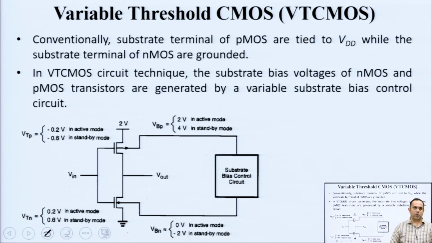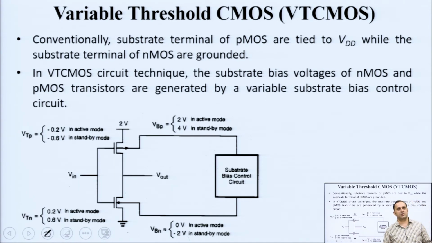Whenever your low threshold voltage devices undergo standby mode, when they are not supposed to be used, the substrate bias effectively increases the threshold voltage. So, even if there is noise in the circuit, even if there is some parasitic effect, those transistors which are in standby mode do not turn on. So, subthreshold conduction is also avoided.